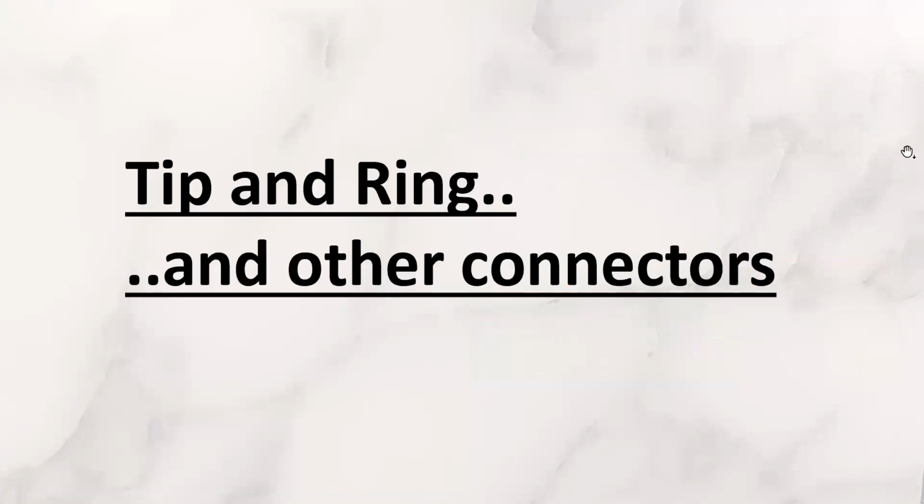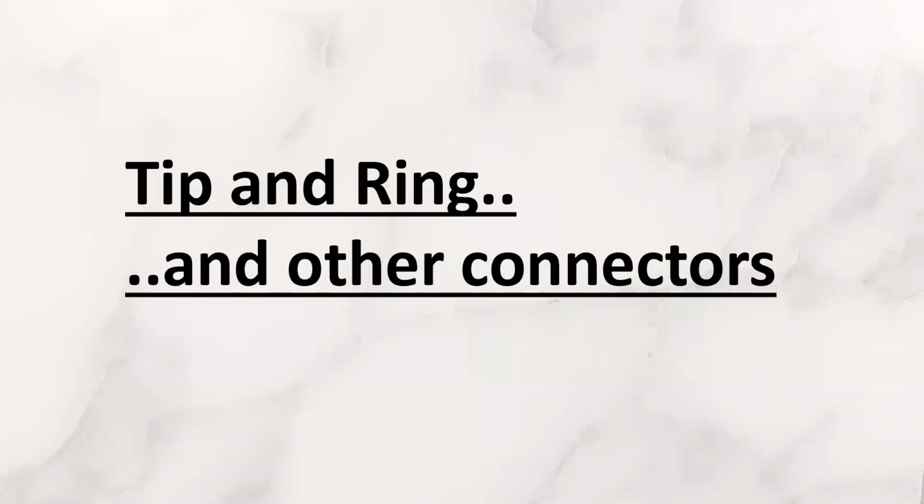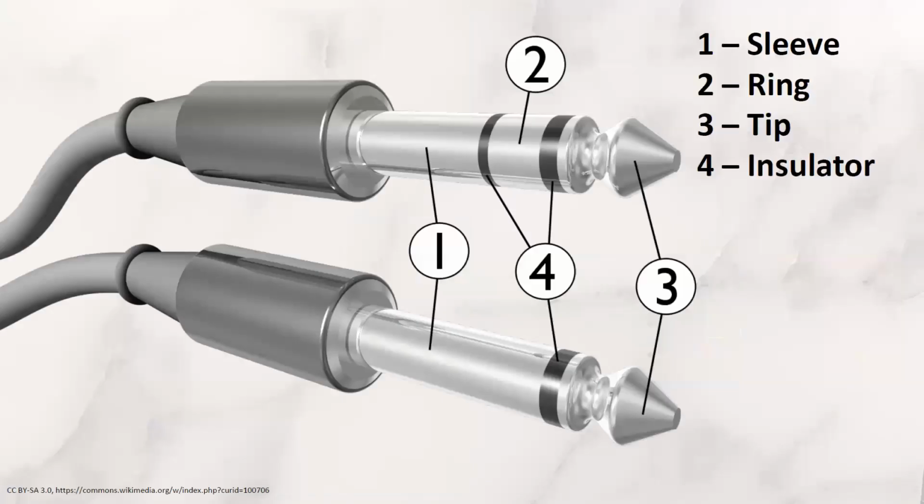We're going to look at the connection further down this presentation. Tip and ring, we have already gone through this in the previous presentation, so I'm not going to spend any time on this one here. Tip and ring, we already know what those mean, and if there are any guitar players or musicians in the room or in the house, then you know what these look like for sure.